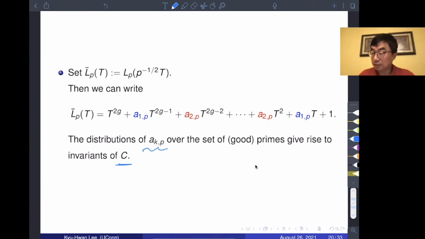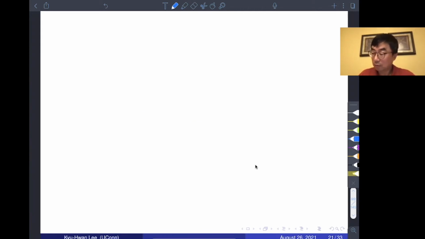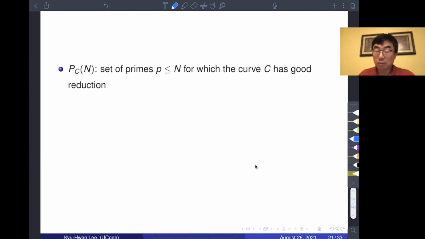And then this is a very interesting problem. So let me make the problem more precise. Let's consider the set of primes p less than or equal to n. We just consider good primes.